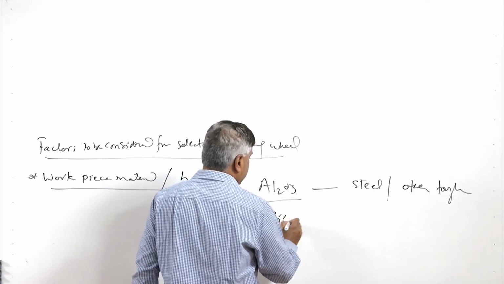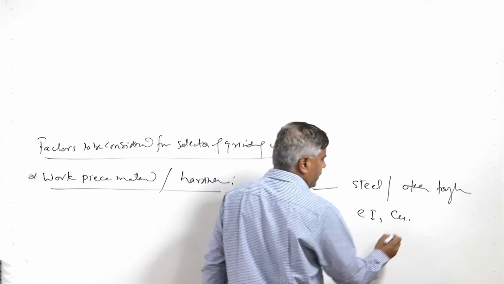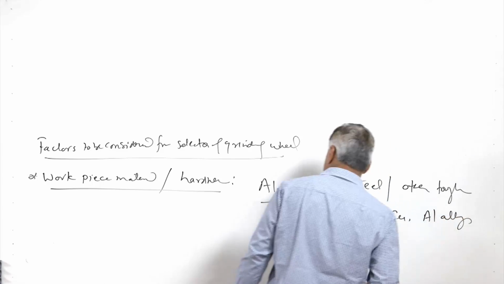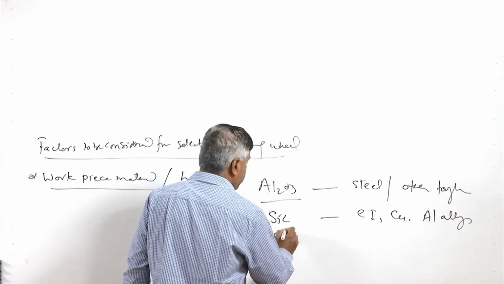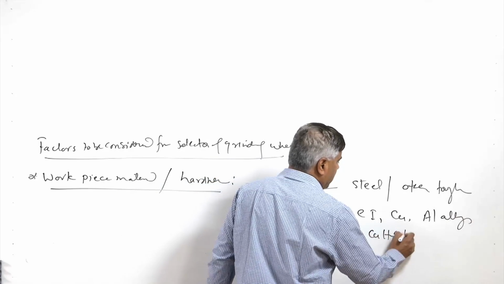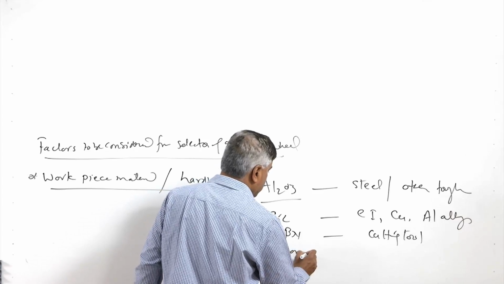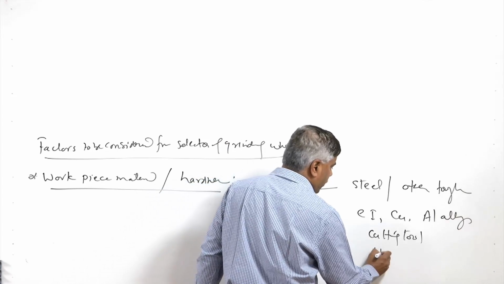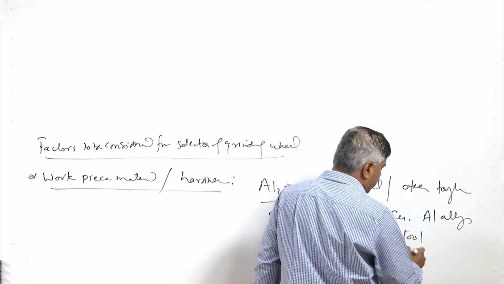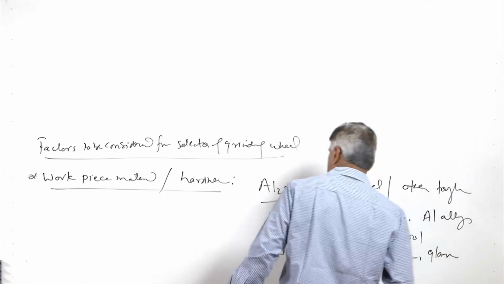On the other hand, silicon carbide is used for cast iron and other materials like copper or aluminum alloys. CBN, cubic boron nitride, is used for grinding of cutting tools, and diamond is used for non-ferrous metals as well as for grinding of glasses.